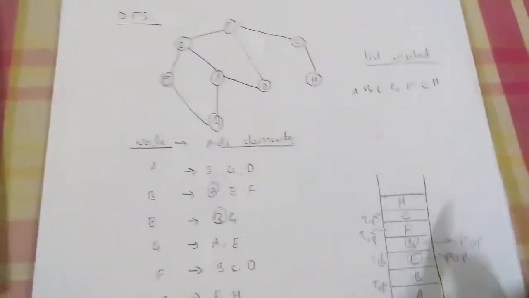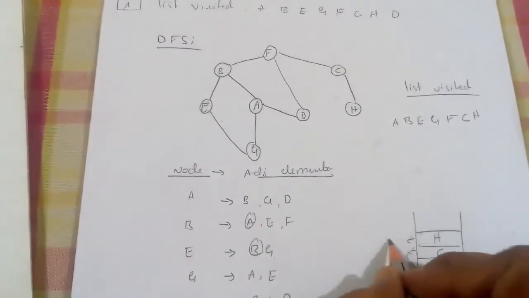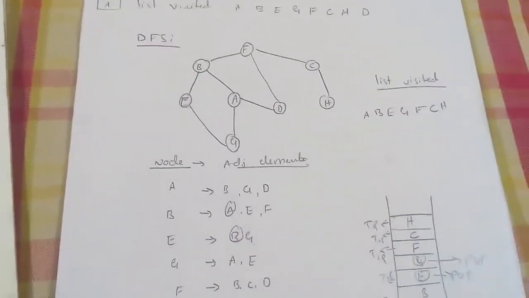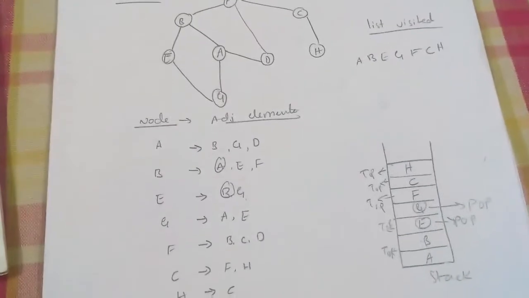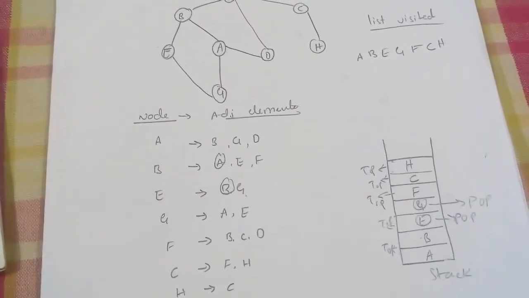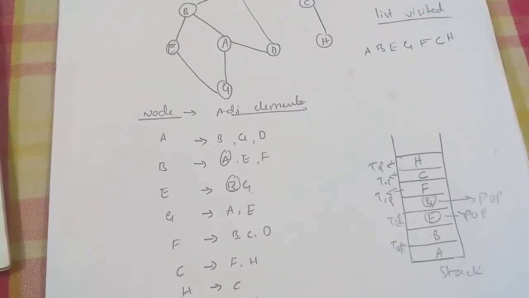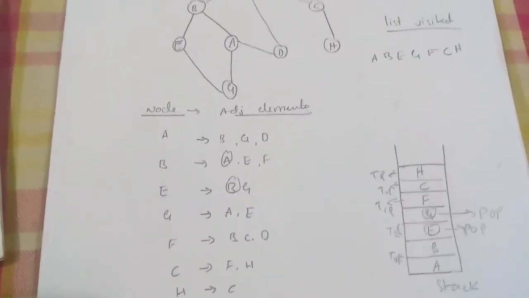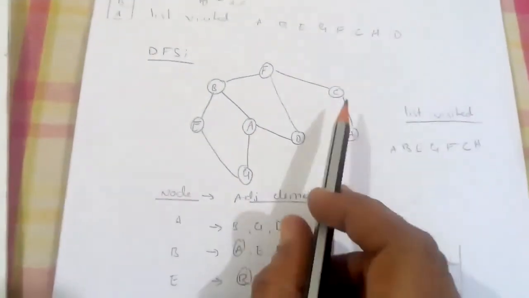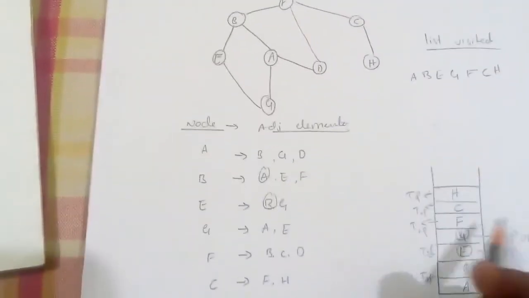Now H is on the top of the stack. The adjacent node of H is C, which is already visited.